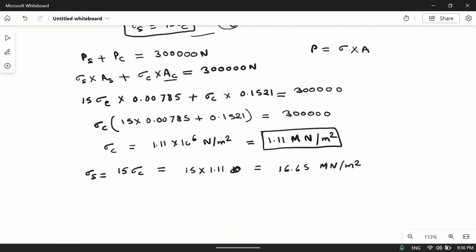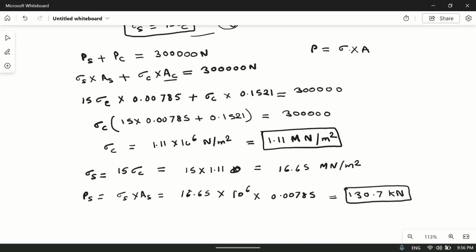Now we will calculate the load. Load on steel will be stress in steel into area of steel, which is 16.65 into 10 to the power 6 into 0.00785. If you multiply this, you will get 130.7 kilo Newton. This is the load carried by steel.